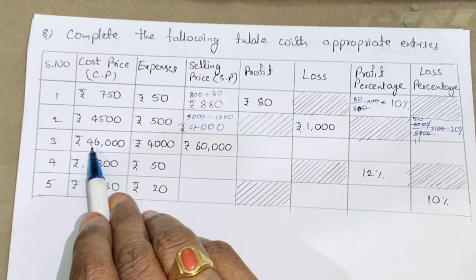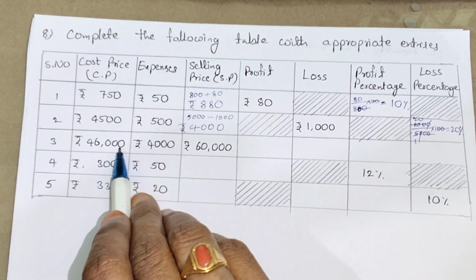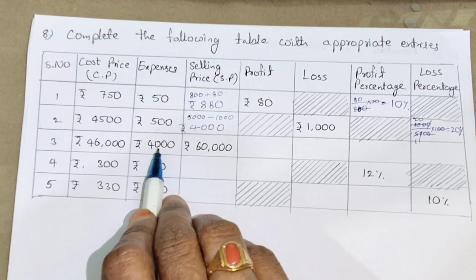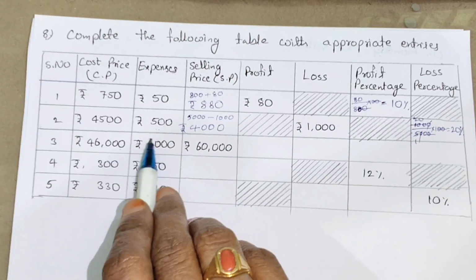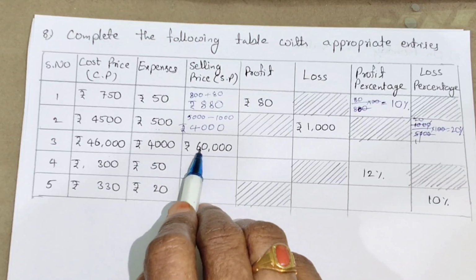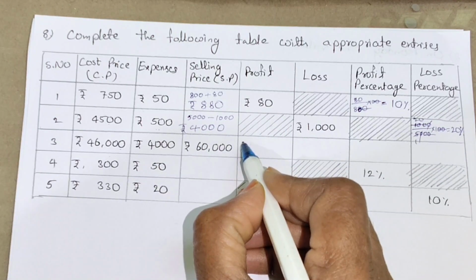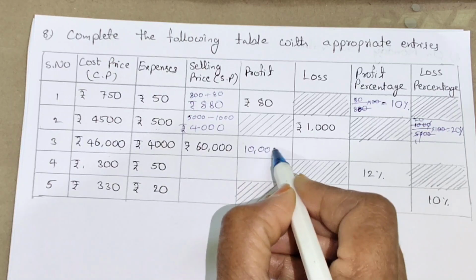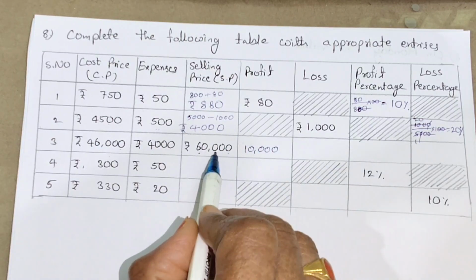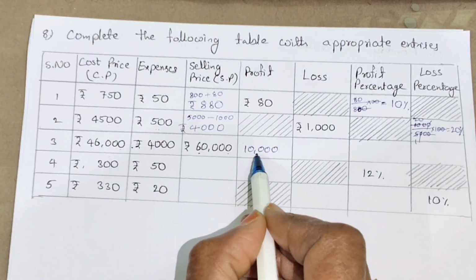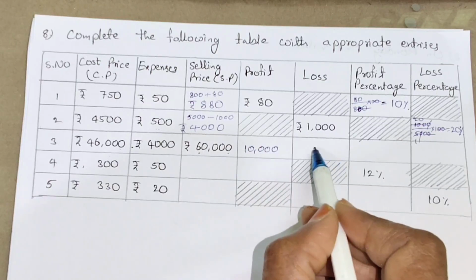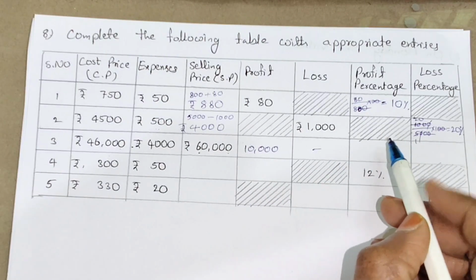Third one: 46,000 cost price, expenses 4,000. 46 plus 4 is 50,000, the cost price. The selling price is 60,000. So 60,000 minus 50,000 is equal to 10,000. 10,000 is the profit, so there is no loss.